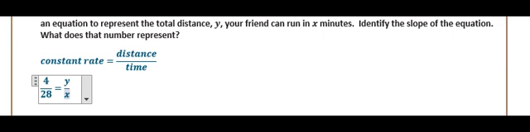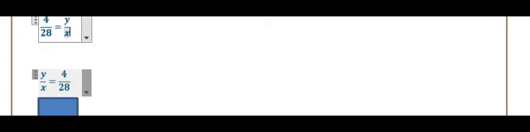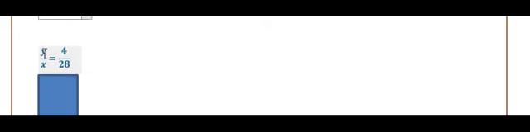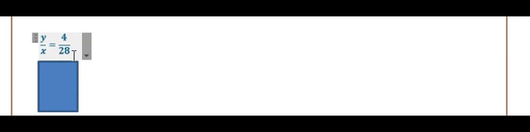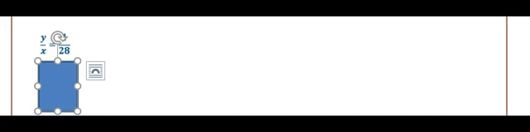I'm actually going to go ahead and turn this proportion around just for purposes of consistency. Throughout this lesson, you'll be seeing that we'll always put y over x on the left equal to constant rate on the right. So we're going to use what tool to evaluate this proportion? Yeah, I'm going to cross multiply.